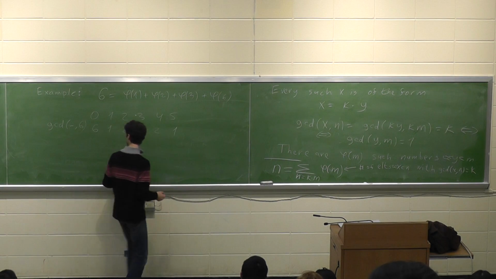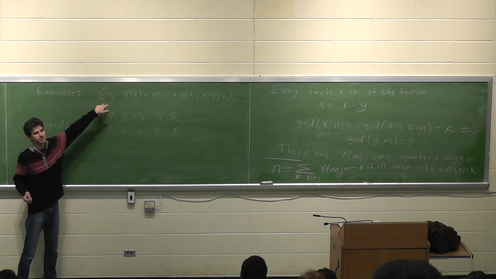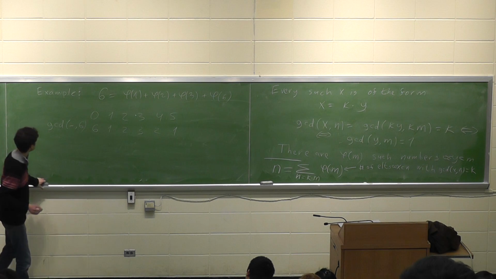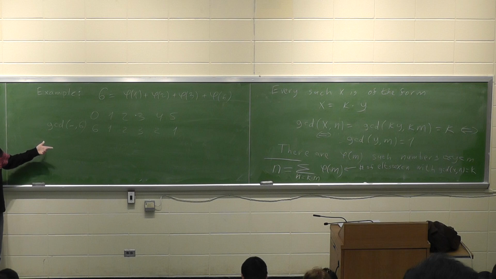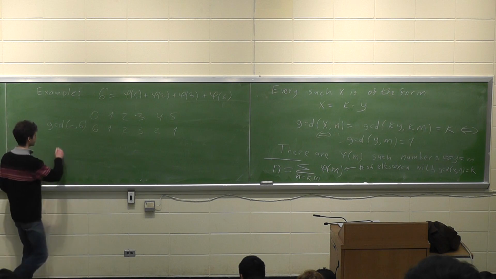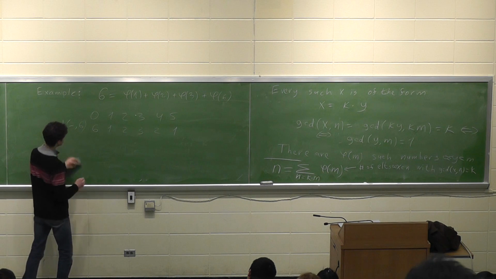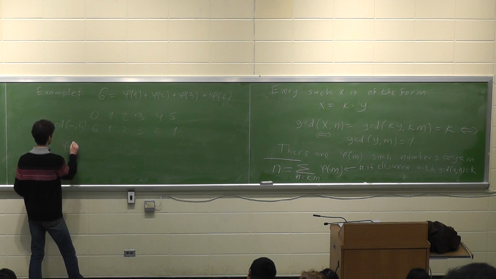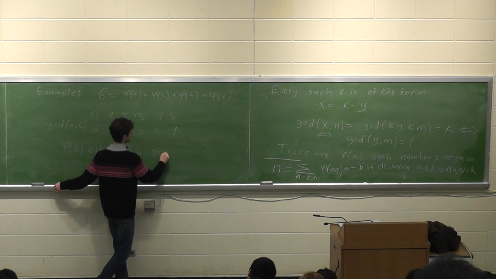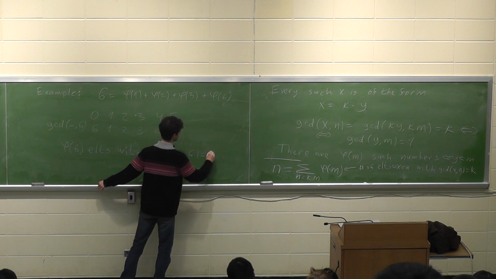For each divisor of 6, I just count the number of elements whose GCD with 6 is equal to that number. So here I have φ(6), 2 elements, with GCD of this element with 6 equal to 1.